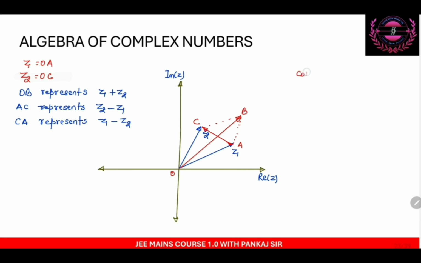I can make an important conclusion from here that is going to be used in solving advanced problems: Z1 minus Z2 is a vector starting from Z2 to Z1, and vice versa.